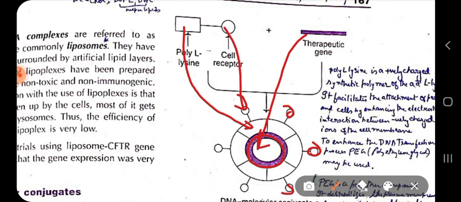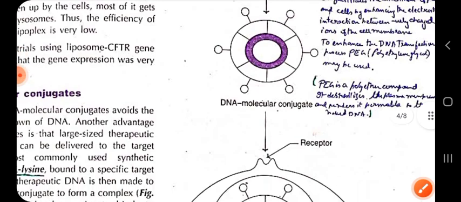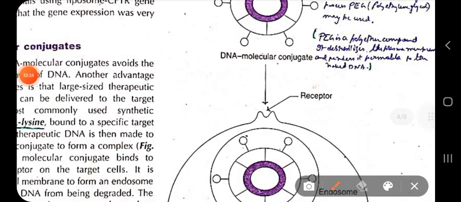Now the therapeutic DNA is made to combine with the conjugate and form a complex. This DNA molecular conjugate binds to a specific cell receptor. Now it is allowed to bind to a specific receptor on the target cells, and then it is engulfed by the cell.